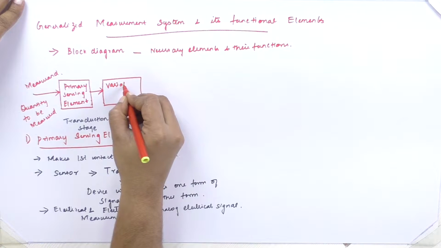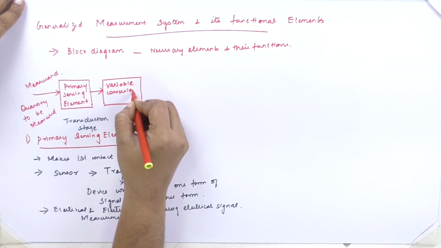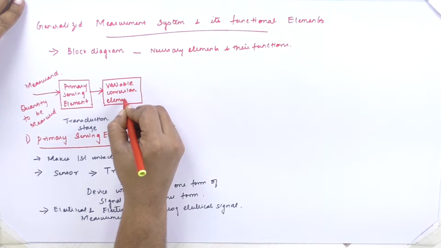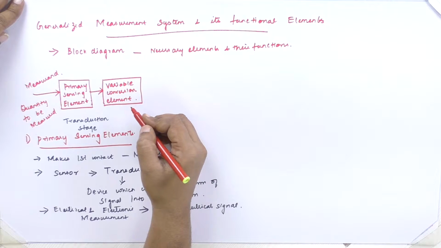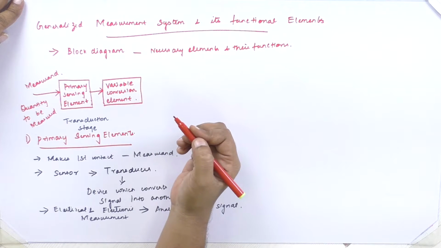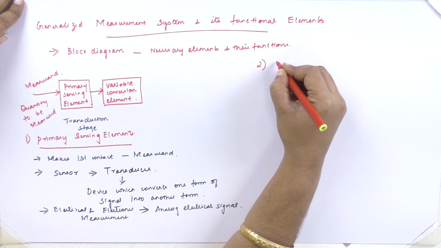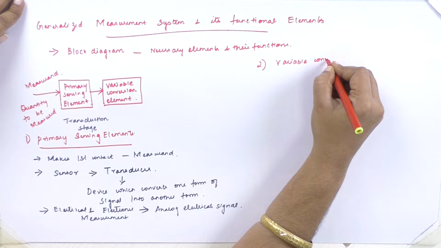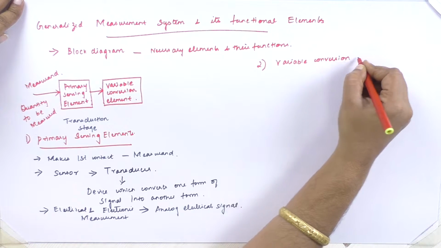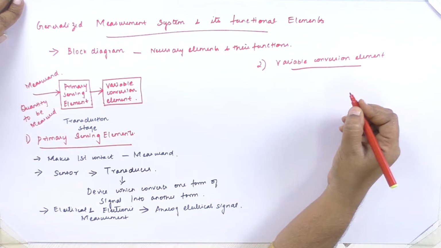The second stage is called the variable conversion element. The second stage of the measuring instrument is the variable conversion element. Let us see what is the variable conversion element.